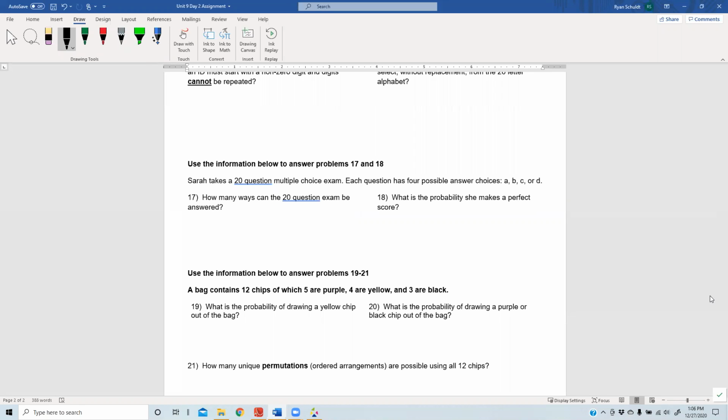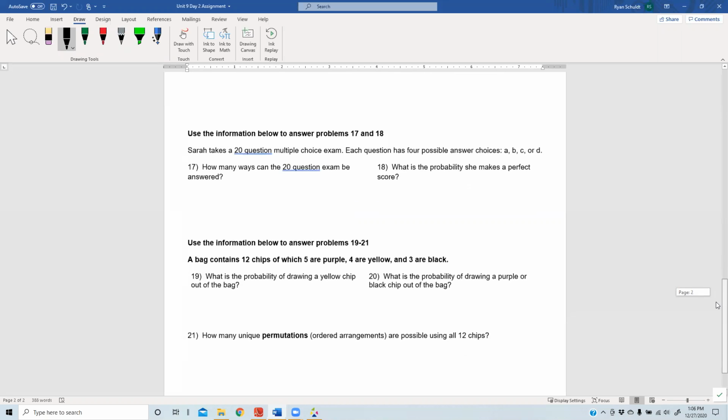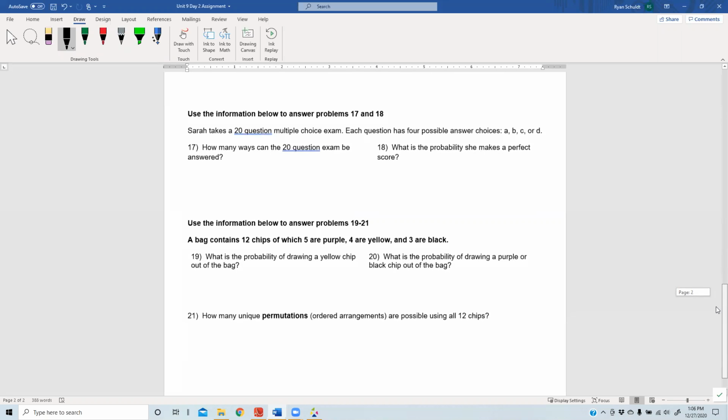How many ways? What's the probability she gets a perfect score? Pretty straightforward. And then the last one, number 21, is like the exam number 9 that we just did.